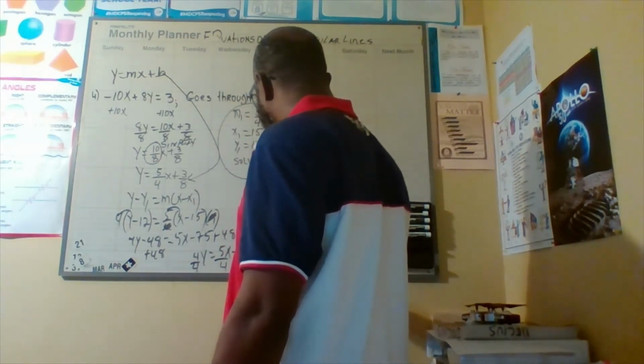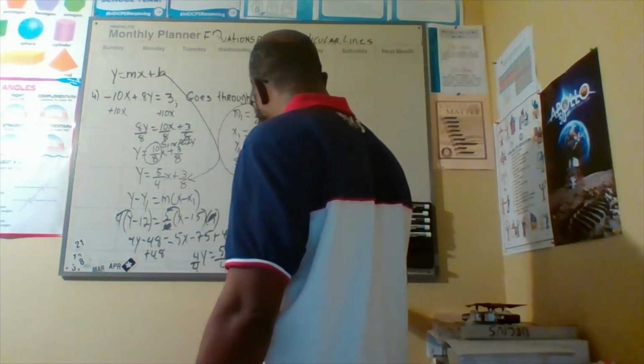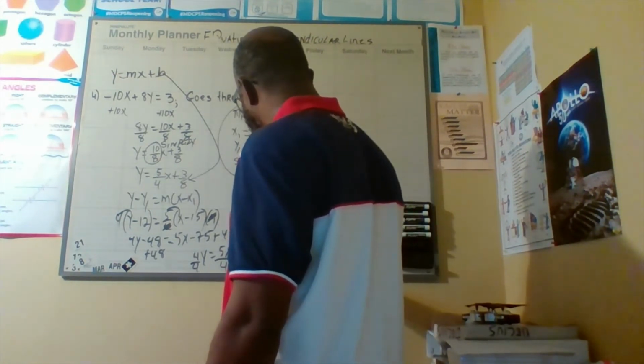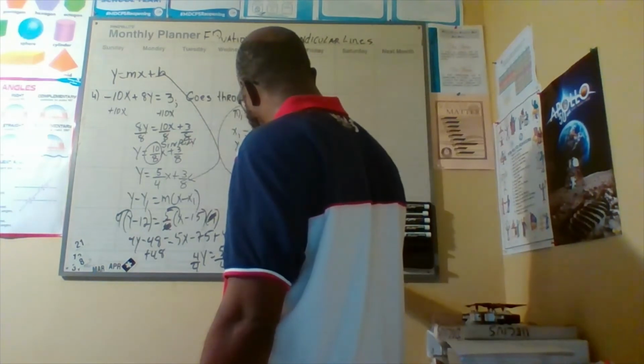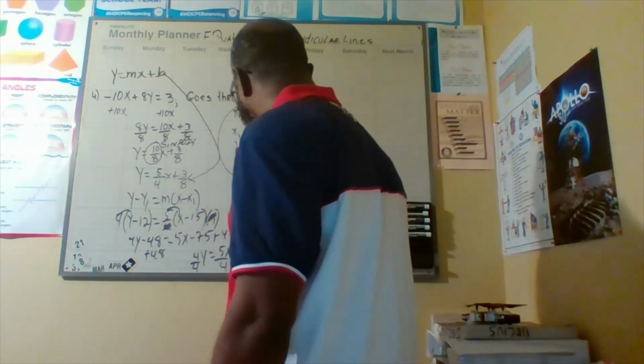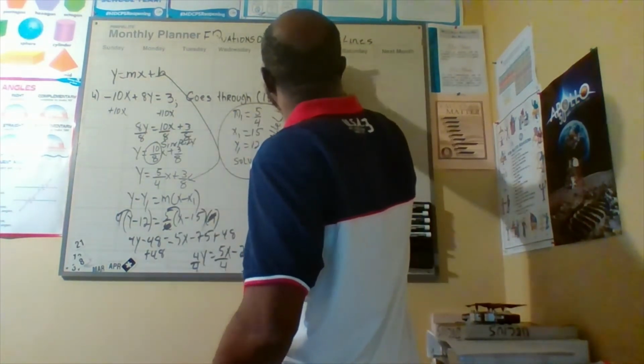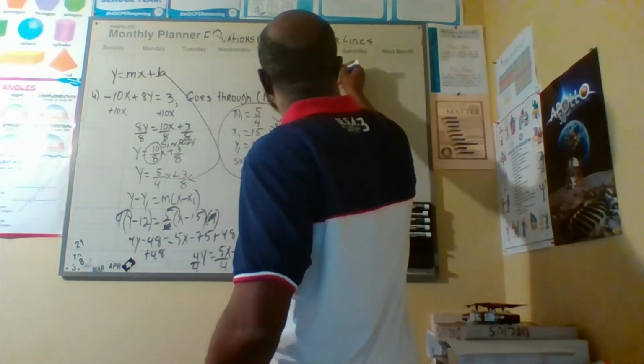To get the equation that is perpendicular, remember m1 times m2 is equal to negative 1. Right? m1 is 5/4 and the product is equal to negative 1. Now multiply by 4/5 on both sides.